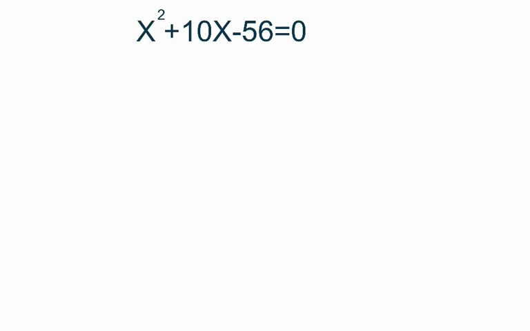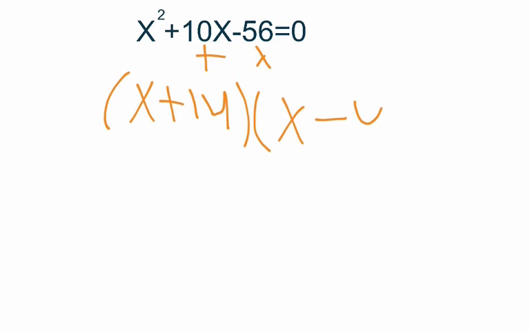The first step is to find two numbers that add up to 10 and multiply to 56. In this case, we get 14 and 4, so we would get x plus 14 and x minus 4, and then we set it equal to 0.